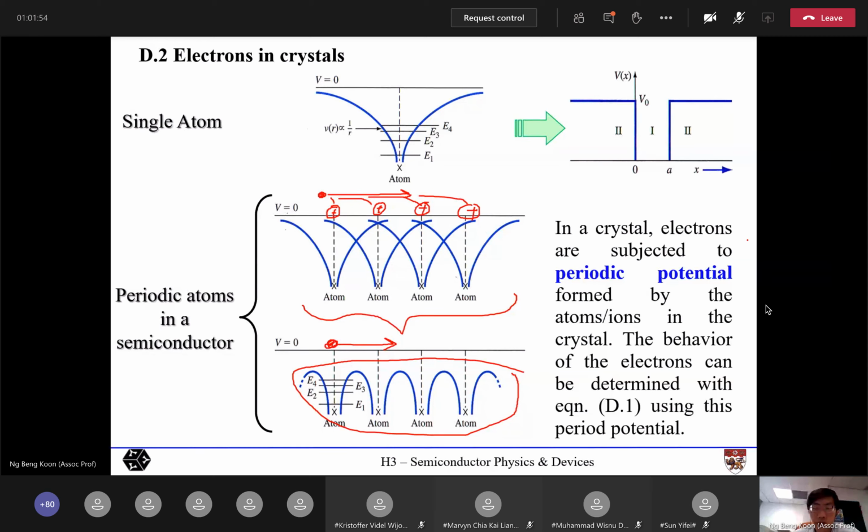Of course, if you use this actual graph and put it in the Schrödinger equation, you can do that, but the challenge is that it is quite difficult to solve, because it's a sum of many 1 over r curves. You put it in the Schrödinger equation, it's quite complex to solve. So again, we can adopt a similar approach to that of the single atom.